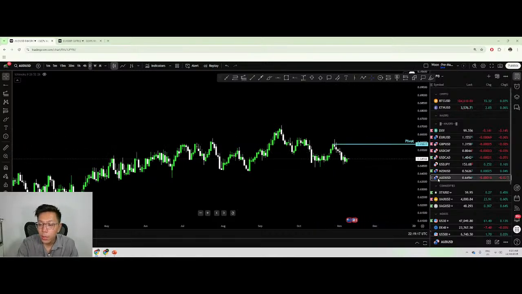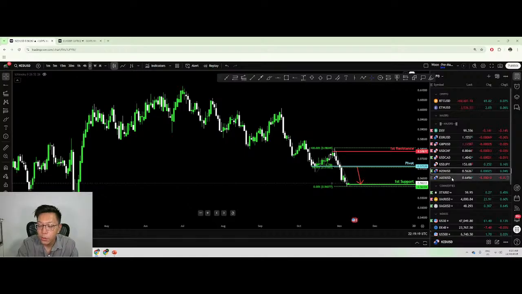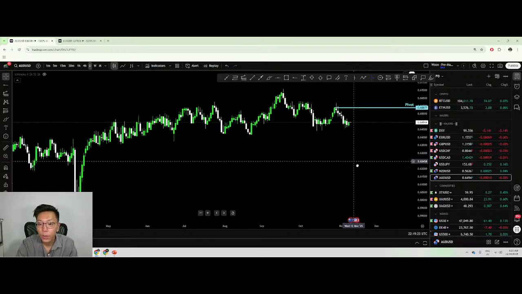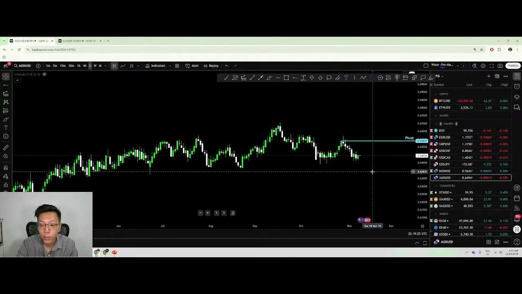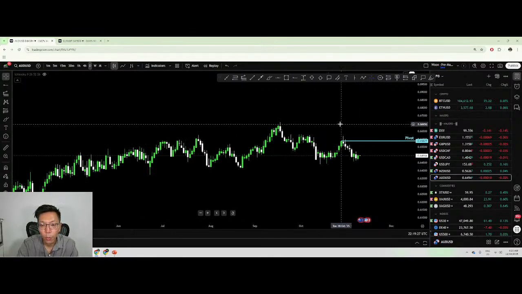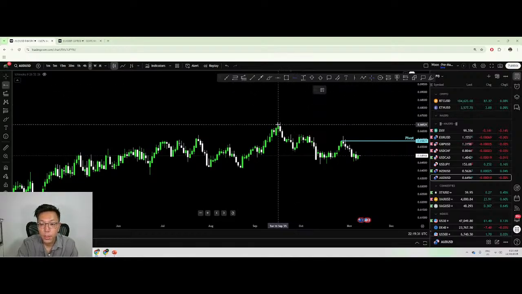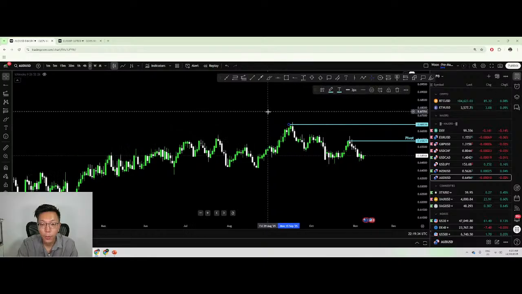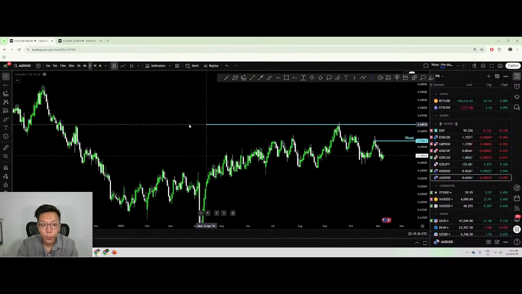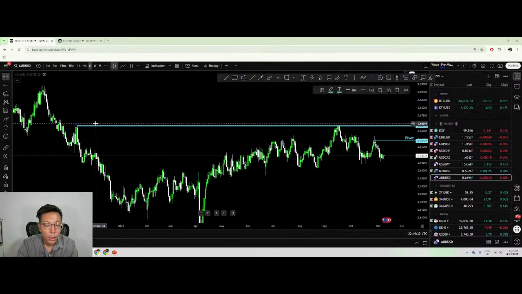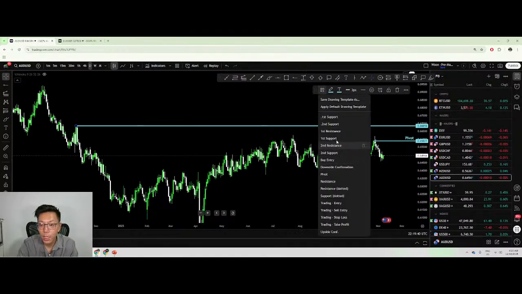Usually NZD USD and AUD USD move in the same direction, but let's take a look at where it might actually end up. For our first resistance level, of course I'll place it above this high. If you look over here, it aligns with this first resistance level.